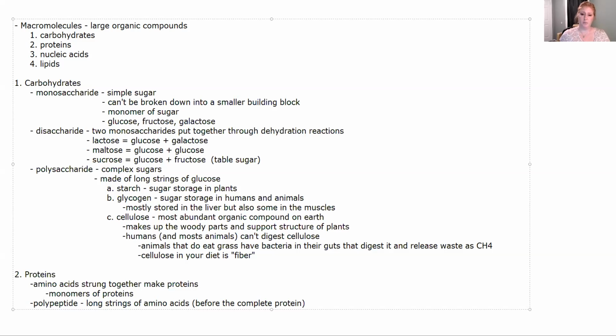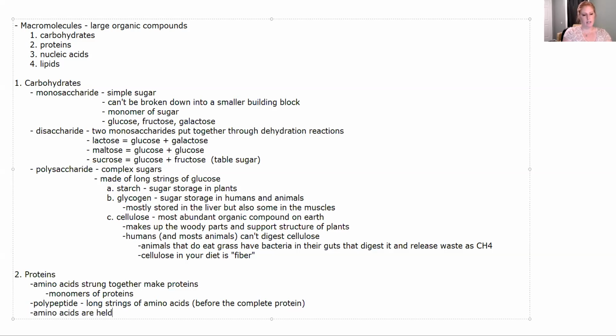Proteins actually have a couple of intermediate steps. We're not going to go into them, but they have a couple of intermediate steps before they are a finished and fully functioning protein. So when you have long strings of amino acids, it's a polypeptide.